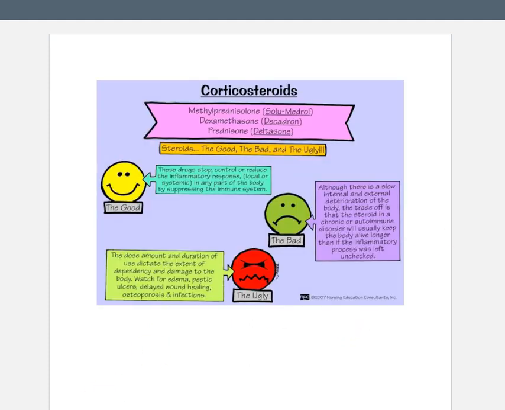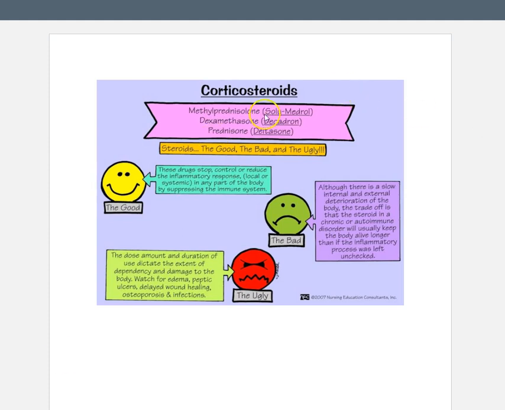Okay, the last medication that we're going to talk about is your dexamethasone, or Decadron. It's an anti-inflammatory, immunosuppressant, and the pharmacological classification is a glucocorticoid. And I've got a little cartoon up for this.